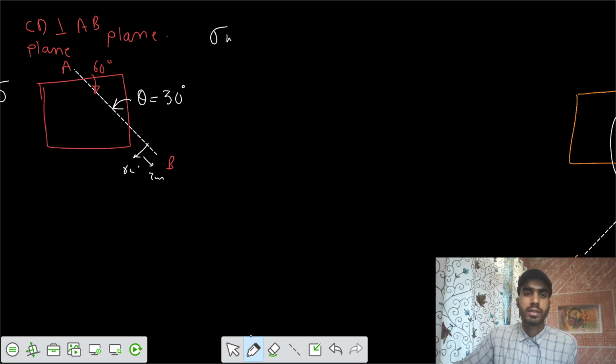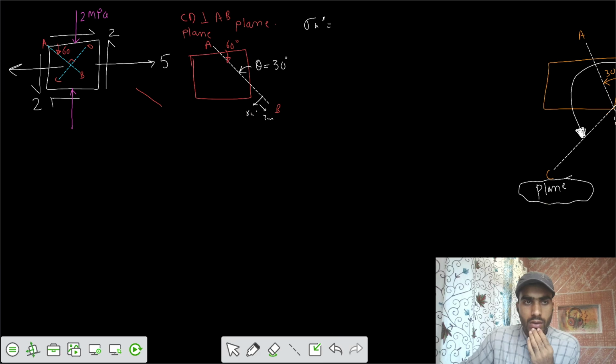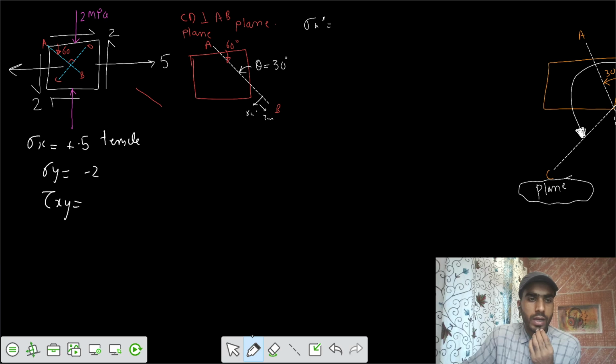So you can write sigma x dash equals sigma x plus sigma y by 2. We write those values: sigma x is positive 5 tensile, sigma y is negative 2, and tau xy is 2 positive.